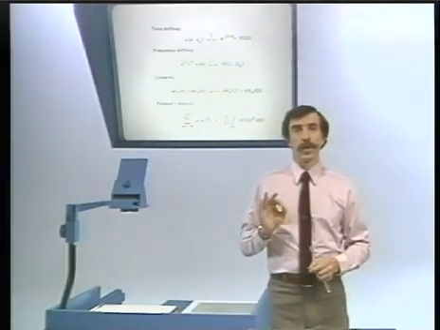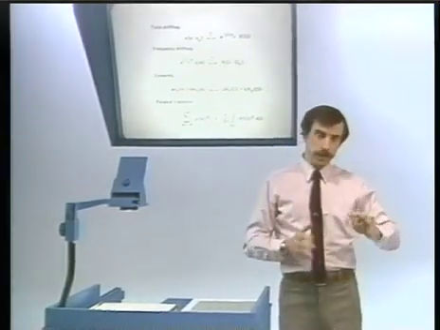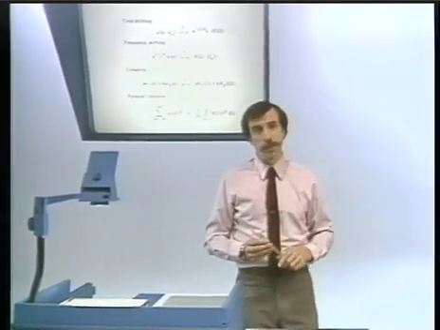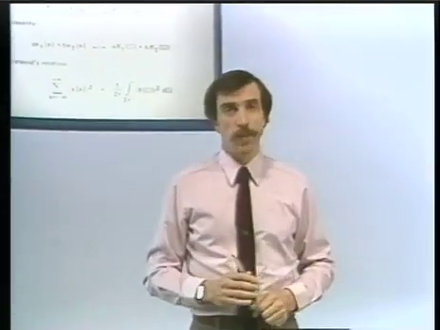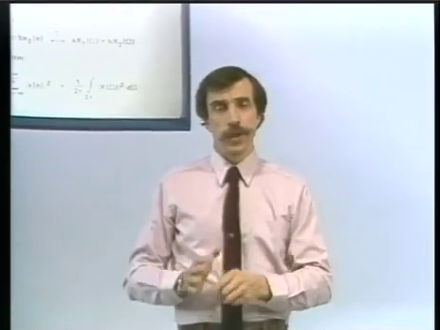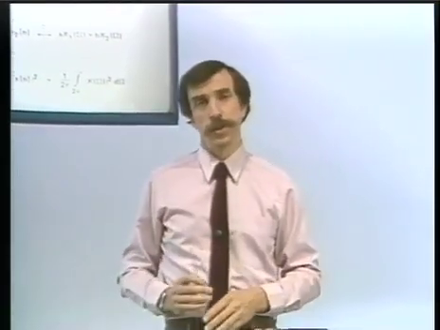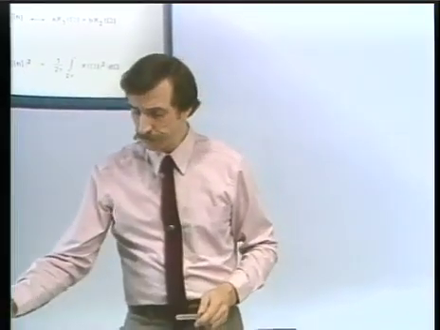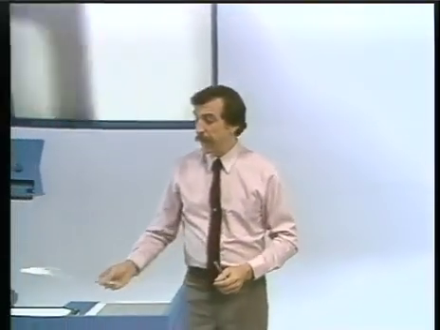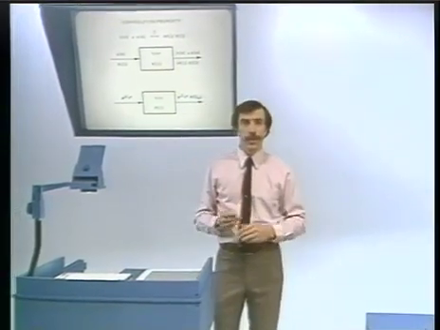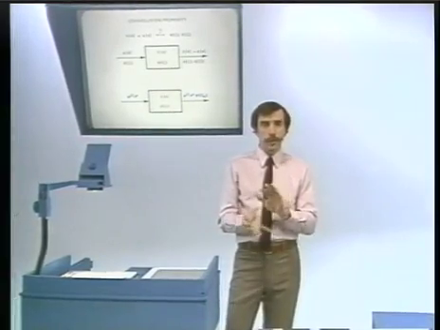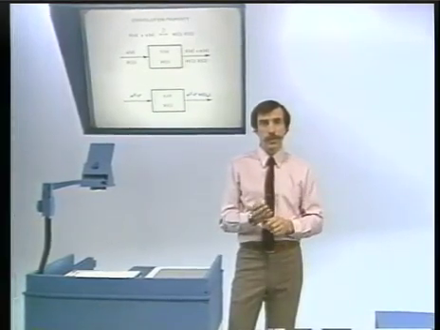Okay, so these are some of the properties, and as I indicated, they parallel somewhat properties that we saw in continuous time. Two additional properties that will play important roles in discrete time just as they did in continuous time are the convolution property and the modulation property. The convolution property tells us how to relate the Fourier transform of the convolution of two sequences to the Fourier transforms of the individual sequences.